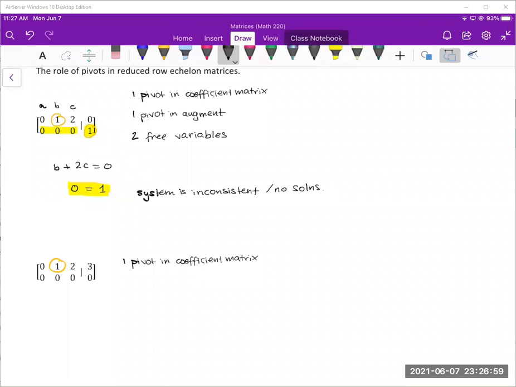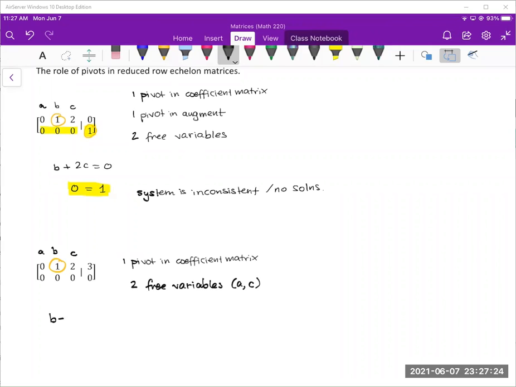If we look at our free variables, our variables are A, B, and C. B is a pivot variable or a basic variable, and A and C here are going to be free variables. So again, we have two free variables, A and C.